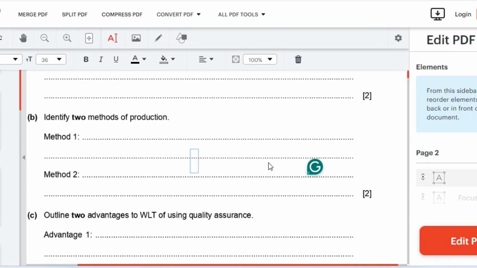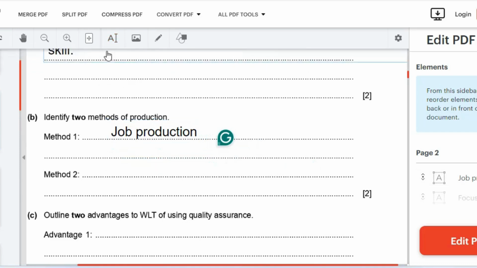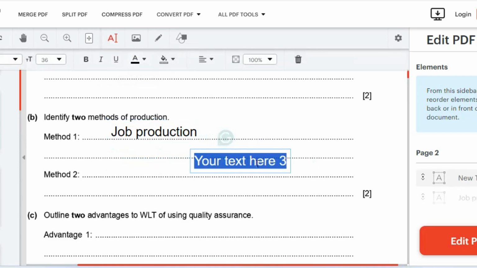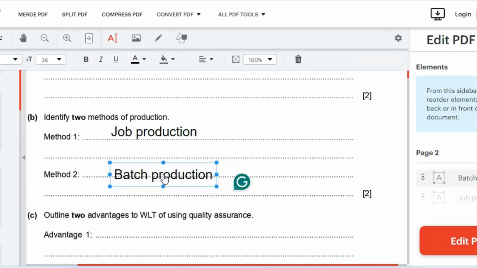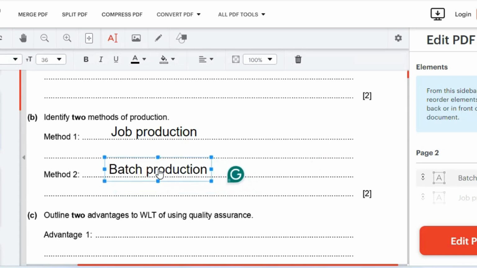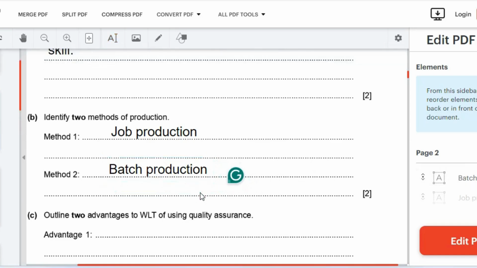We have, as I mentioned, job production for method 1. And we also have batch production. And the third one, as I said earlier, is known as flow production.